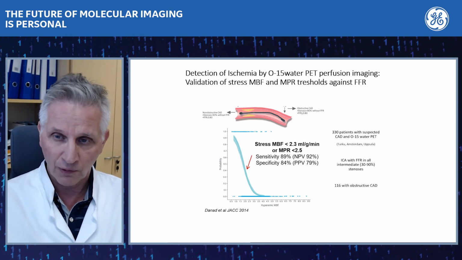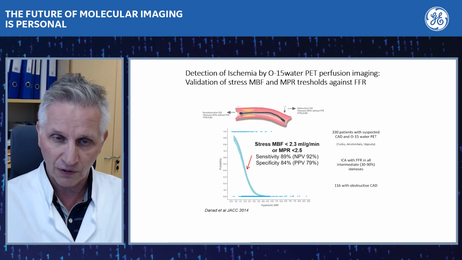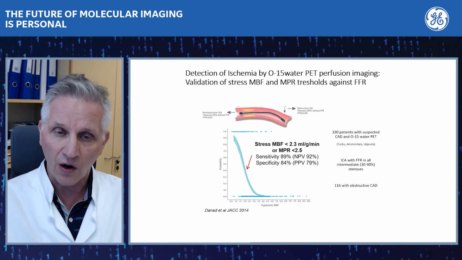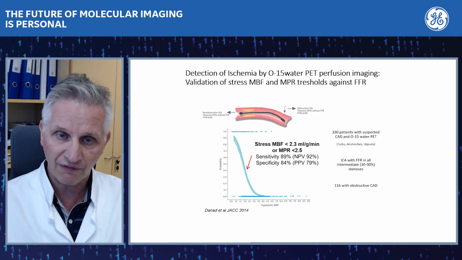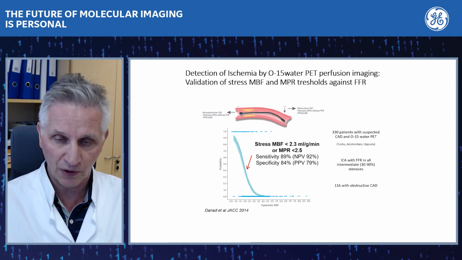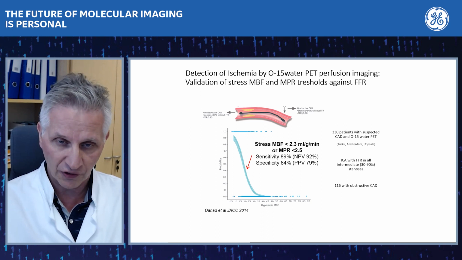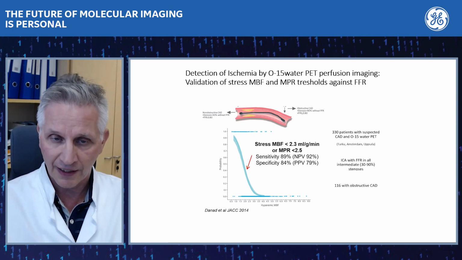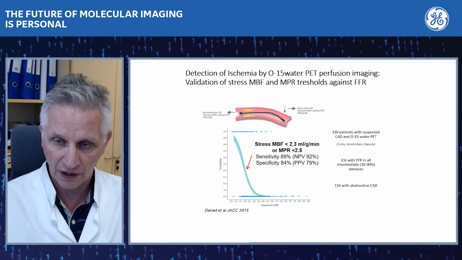This is our joint work with Amsterdam and Uppsala, where we demonstrated, based on radio water stress perfusion, what the optimal cutoff value is for normal or abnormal myocardial perfusion, and we found that with stress myocardial blood flow in absolute terms, 2.3 mL per gram per minute was the optimal cutoff, or the flow reserve 2.5, and we got very high sensitivity, specificity, and negative and positive predictive values using those cutoffs.